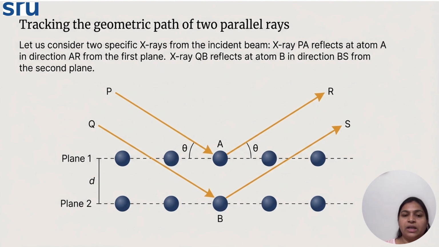One hits plane 1 at atom A, and the other ray, QB, hits a bit deeper plane. Let's say this is plane B, at atom B, and they are reflected back in these directions, AR and BS respectively.